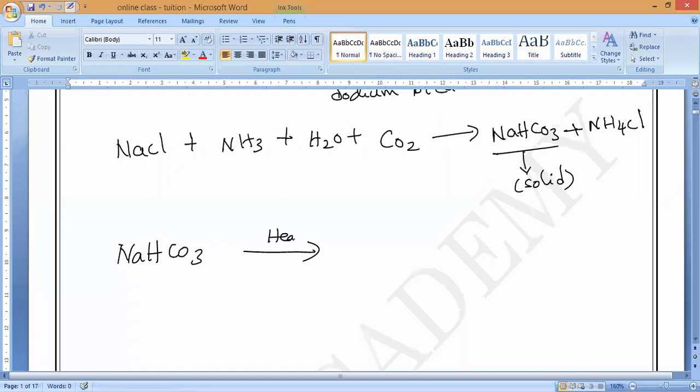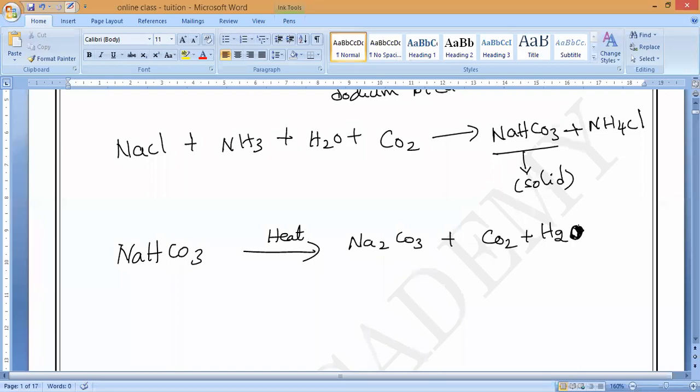On heating, it gives Na2CO3, sodium carbonate, plus carbon dioxide plus water. This is a decomposition reaction.